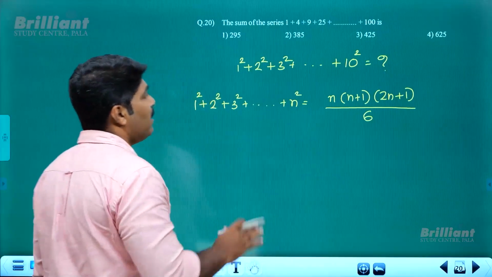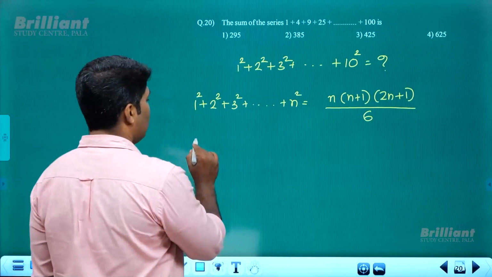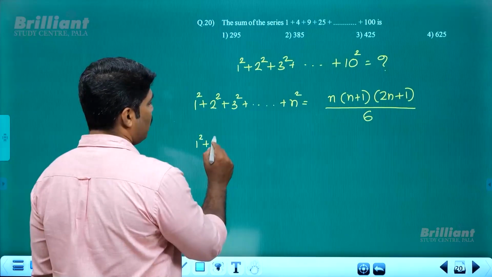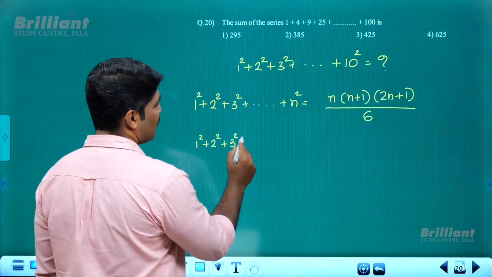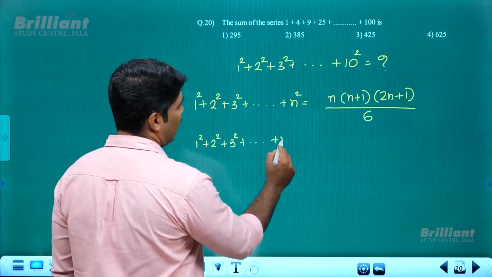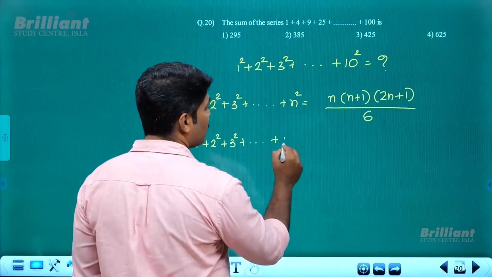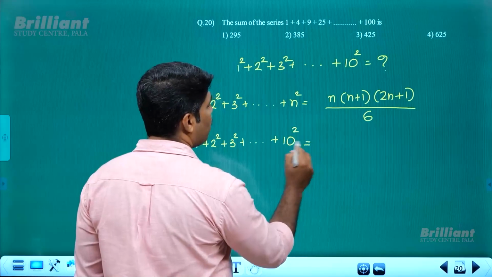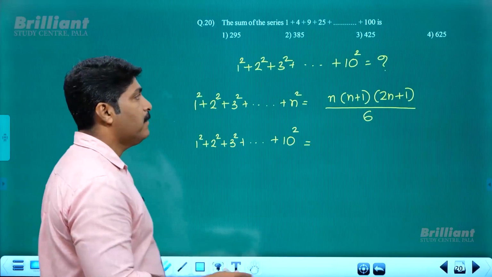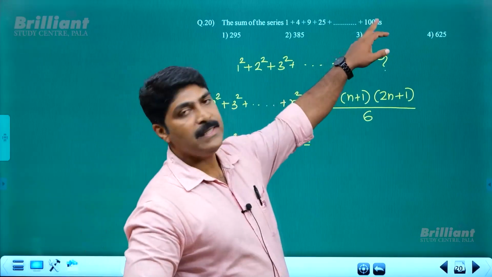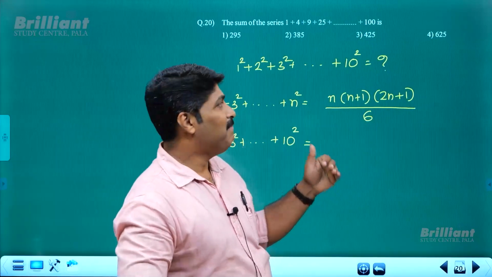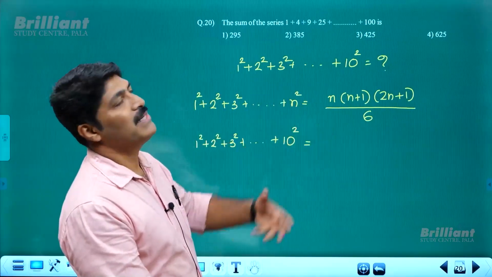So applying this result, here this is 1 square, 2 square, 3 square, etc. n square. So instead of n, here we have 10 square. Here the very important understanding: don't use n as 100 here, because n square equals 100.